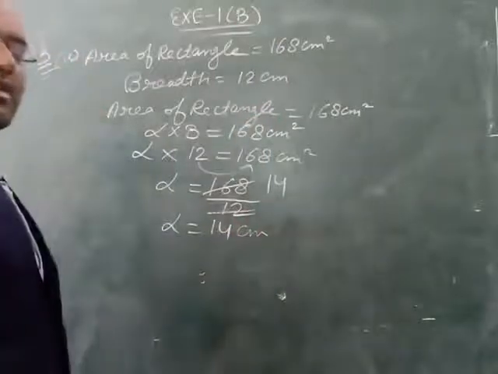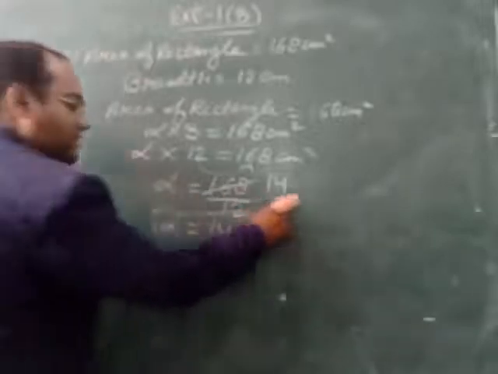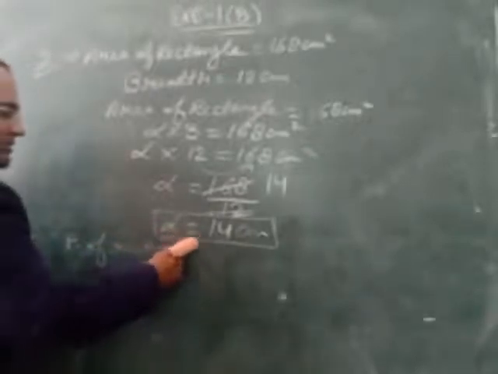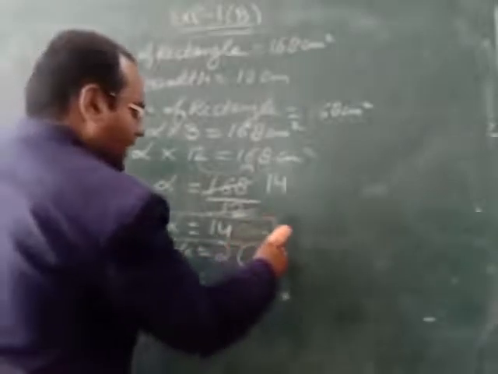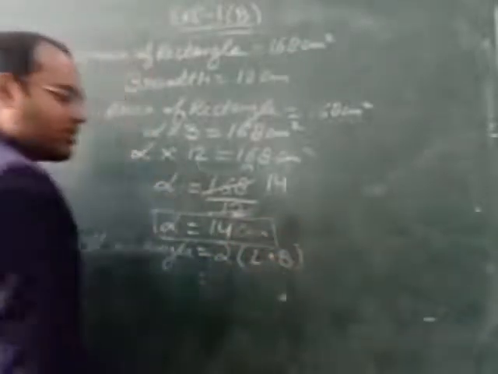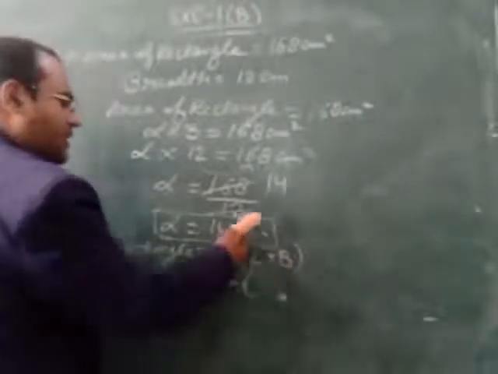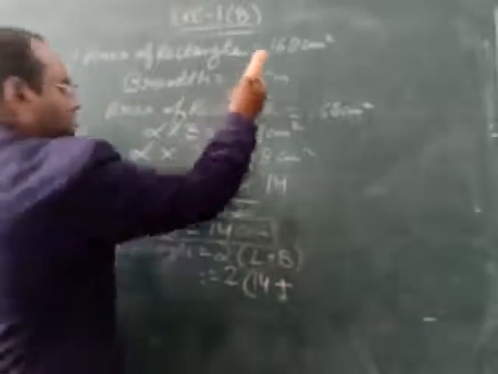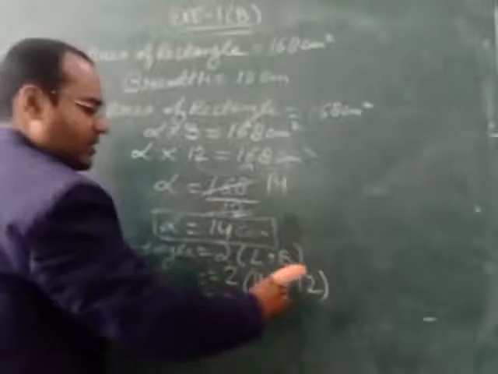Now in the question we have to find the perimeter of rectangle also. So we got the length answer. Now we have to find the perimeter. So we will write here, perimeter of rectangle formula is 2 bracket L plus B. This is the formula to calculate the perimeter of rectangle. 2 bracket, length is 14 plus breadth is 12.